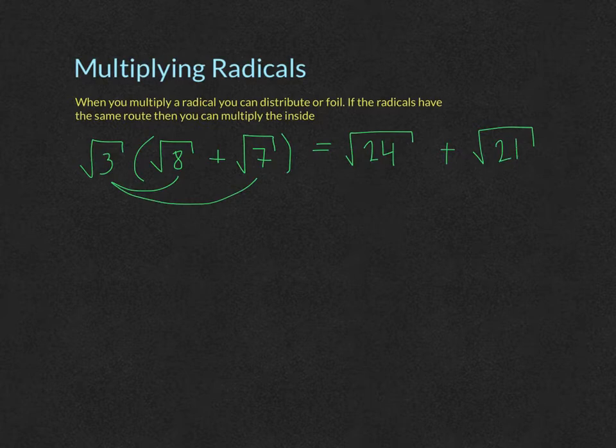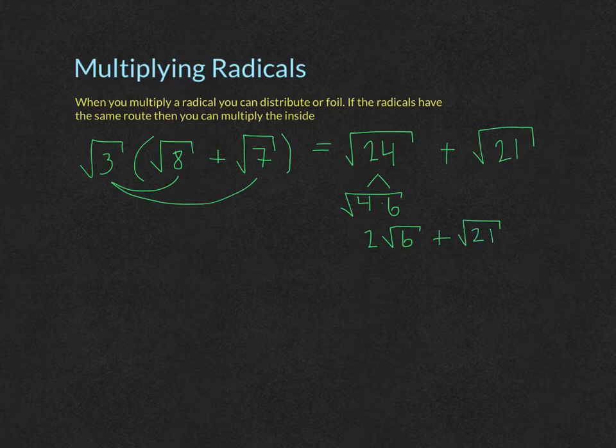Now we just go ahead and simplify that answer if we can. 24 is 4 times 6. So the square root of 4 is 2. We do not have a square root for 6, plus the square root of 21. 21 does not have a perfect square as a factor, so this would be our final answer.